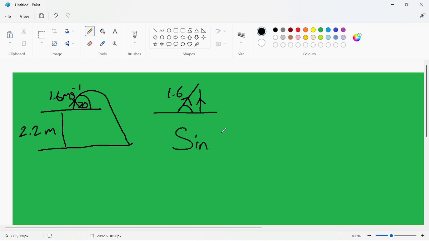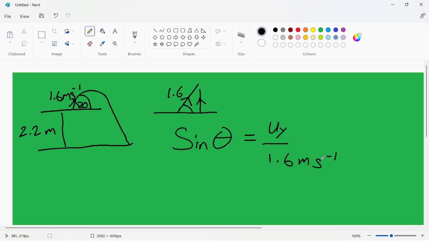So sine of theta is equivalent to the opposite, which we can denote as uy, since it's the y component of the initial velocity, over 1.6. And the 1.6 is meters per second. So sine of 20 is equal to uy divided by 1.6 meters per second.